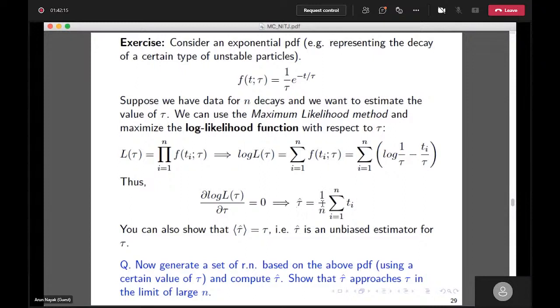And this should give your estimate, which should be pretty close to the true value of tau. So you can do this exercise for various n. First a small number of random numbers, then you increase this, and you see how the accuracy improves. As you increase n to a very large value, it should become very close to the true value of tau.